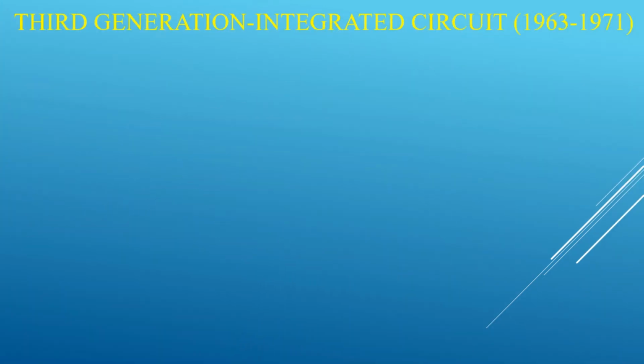Let's quickly move on to the third generation computers. With the third generation computers, the main component was the integrated circuit, and it started around 1963 and ended around 1971.